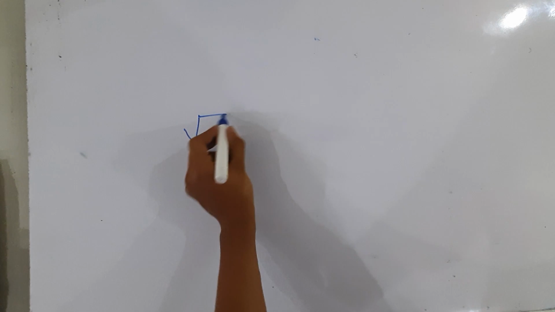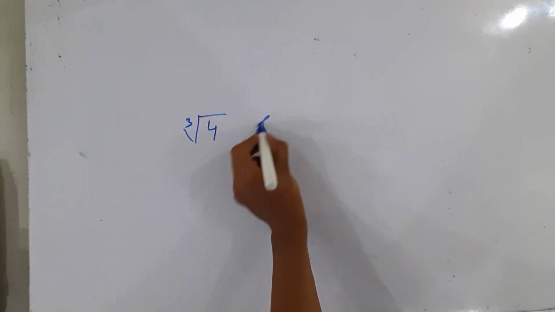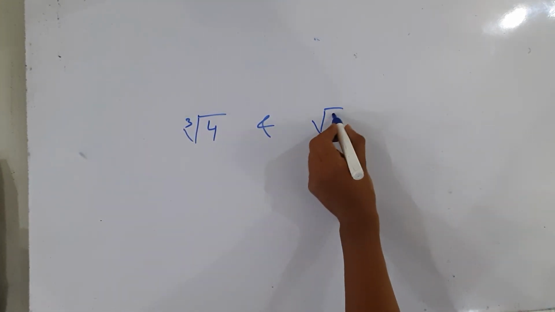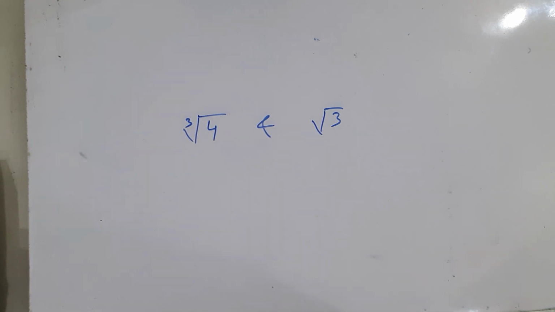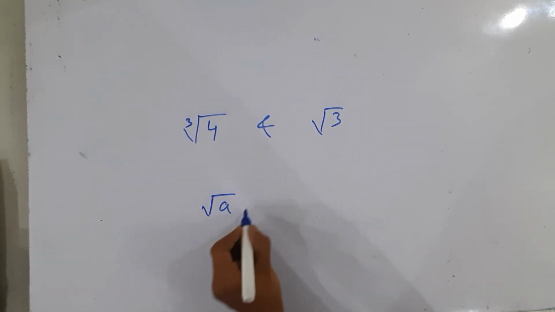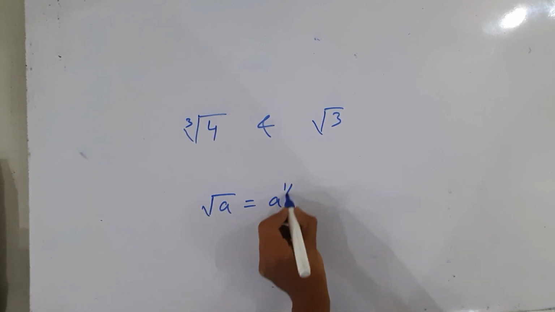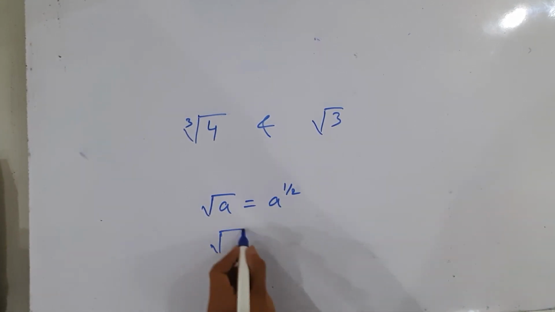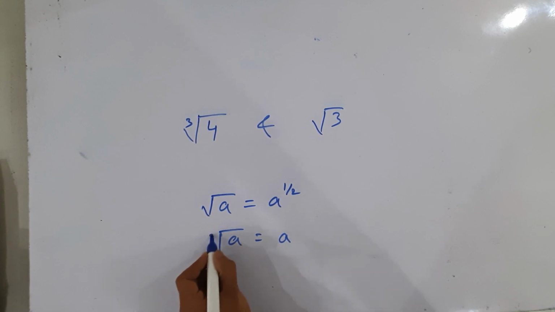Now the next comparison is cube root 4 and square root 3. So in this case, you all know that if under root a is given, then it can be written a to the power 1 by 2. If cube root a is there, it can be written a to the power 1 upon 3.